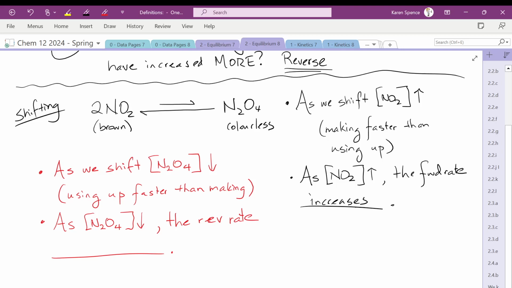What's going to happen to the rate of the reverse reaction? It's going to decrease because there are fewer particles, therefore there are fewer collisions, therefore the rate will decrease. So the reverse rate decreases.